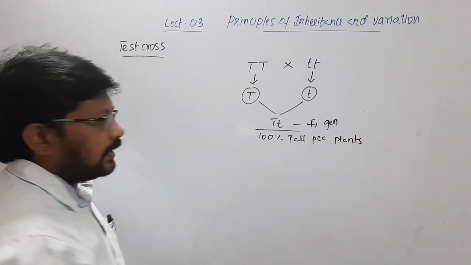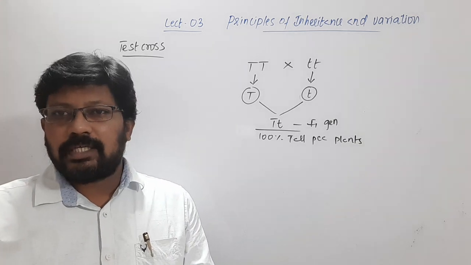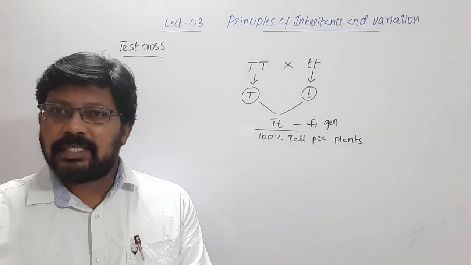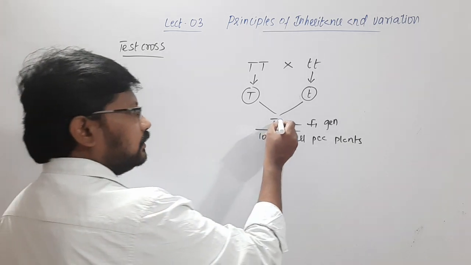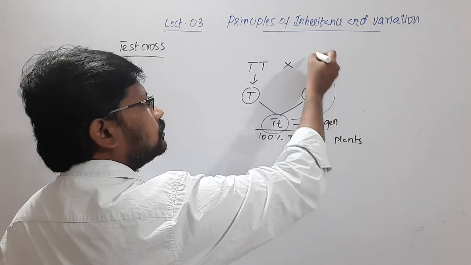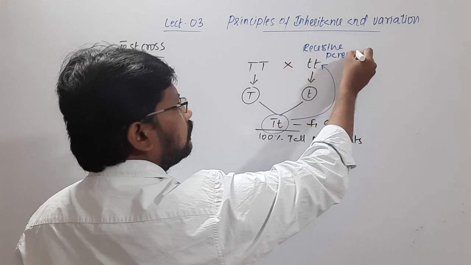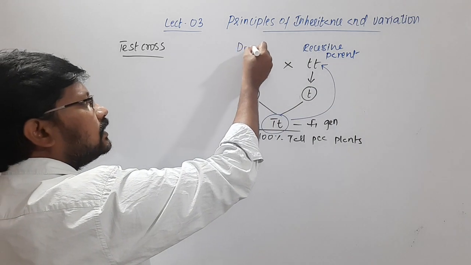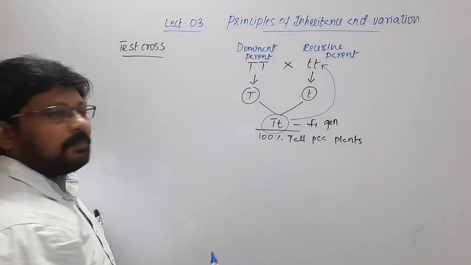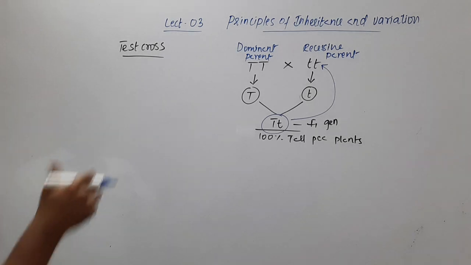To know whether this F1 generation is homozygous or heterozygous, we need to cross this one with its recessive parent. So this is the recessive parent, and this one will be the dominant parent. Okay, so we'll see that.